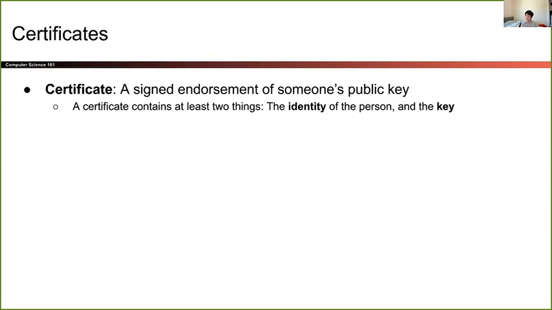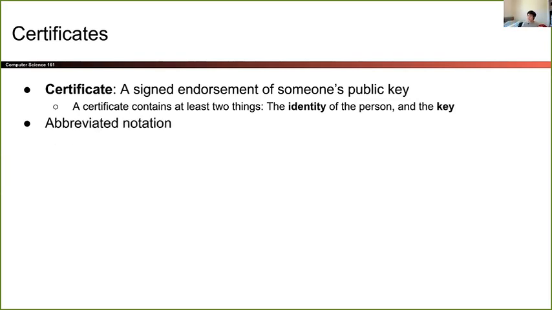It has to contain the identity of the person, and it has to contain the key. So if I just receive the key by itself and it's signed, that doesn't help me with anything. That just tells me this key was signed. Instead, what I need is the entire statement to be signed, something like 0xABCDE is Perrin's public key, and that entire message has to be signed.